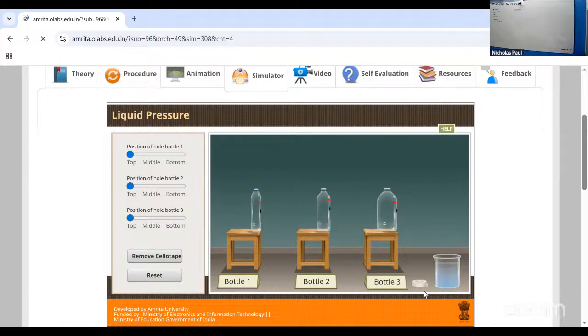So we're going to take a look at pressure, right? We're going to talk about pressure, and I'm going to give you some of the definitions just now. But let's see what occurred here.